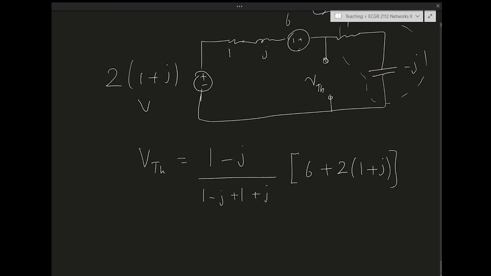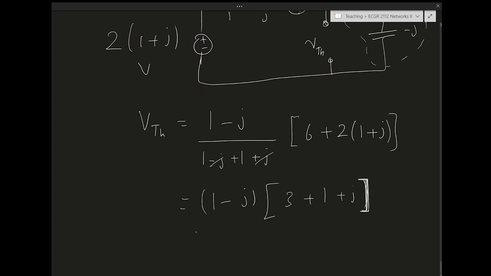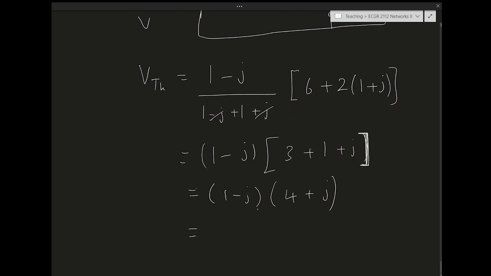Okay, so this kind of simplifies nicely. I end up with J cancels with J. I have a 2 here, so I end up with 1 minus J multiplied by, I have a 2, so this becomes 3 plus 1 plus J. So this becomes 1 minus J times 4 plus J. I can calculate this.